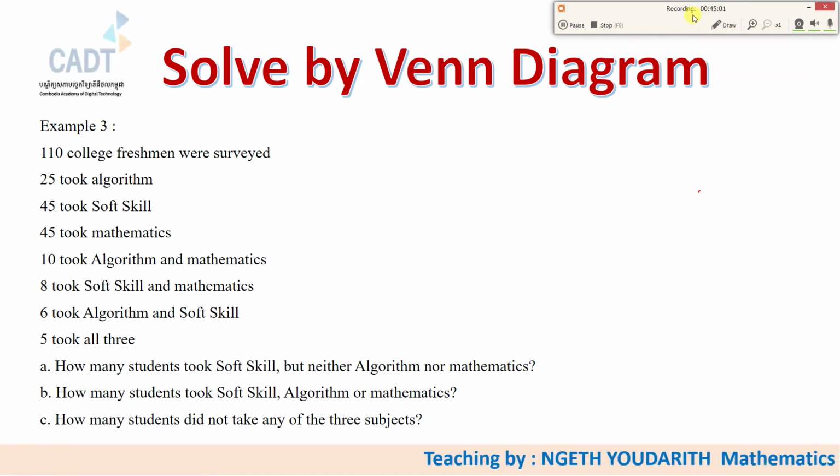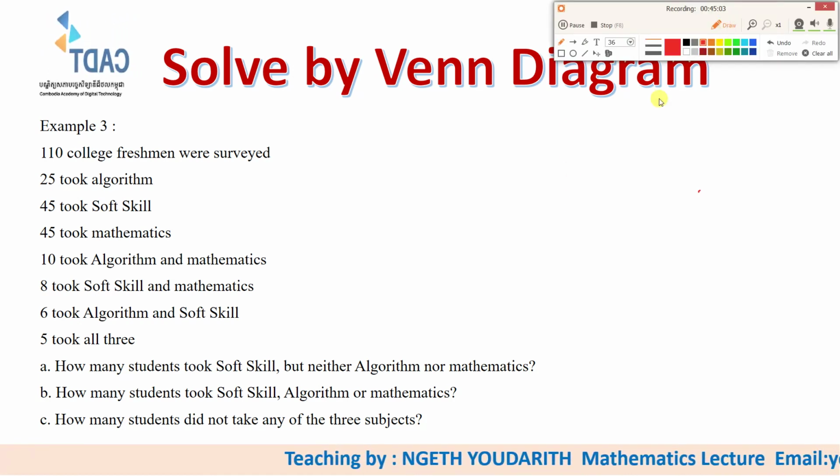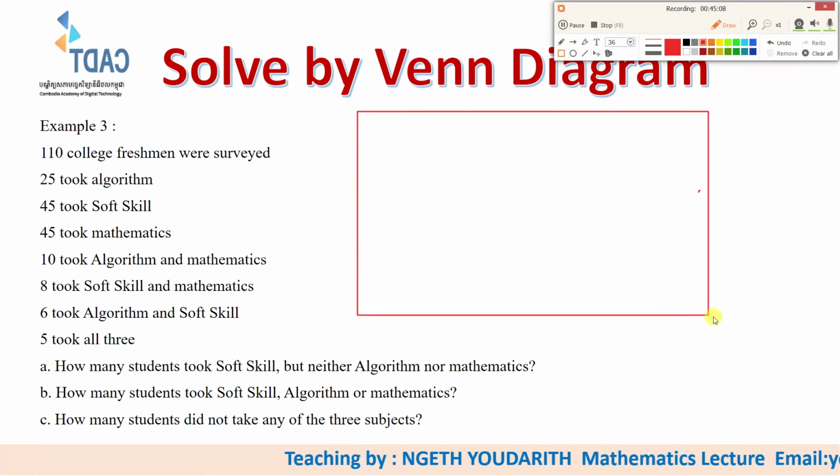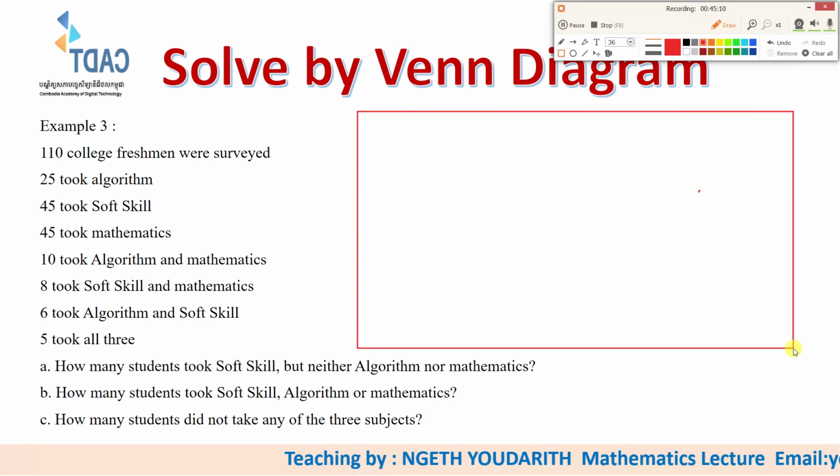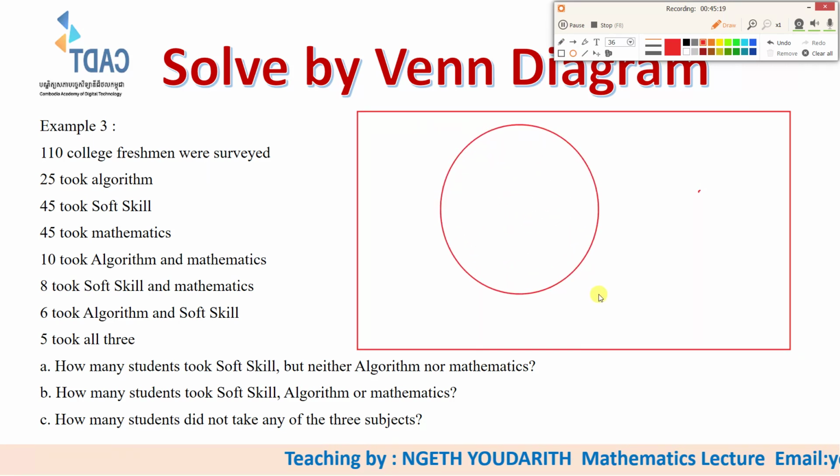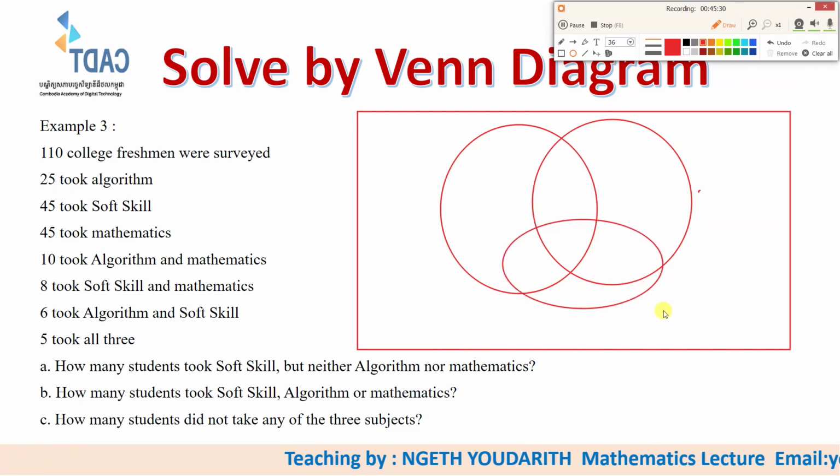So we draw the diagram. The first we draw the universal set, and then we draw the circles.